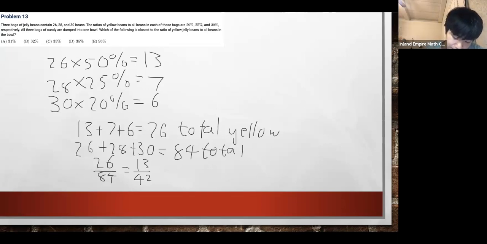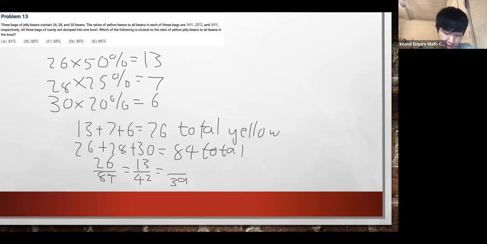Basically, an easy way to think about this is to look at 13 times 3, right? If a third of the jelly beans were yellow, then there would be 39 total jelly beans if the total number of yellow jelly beans stays the same.